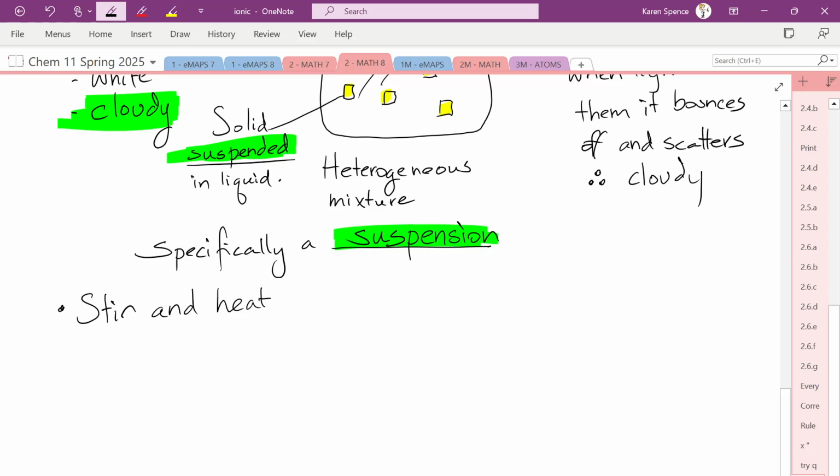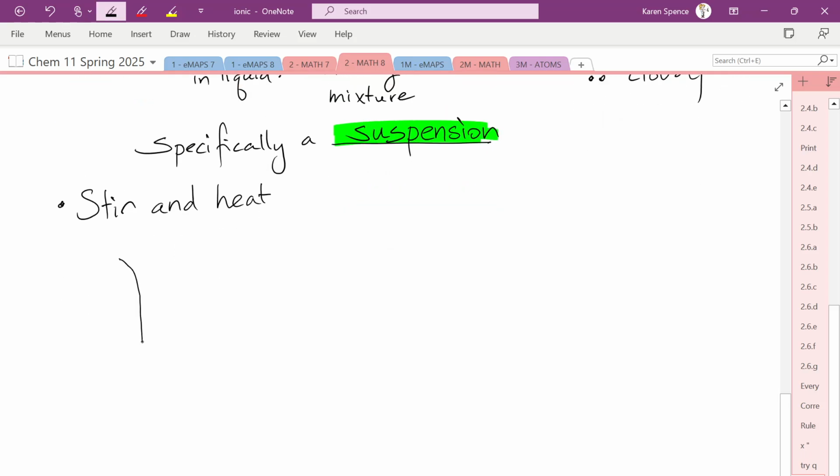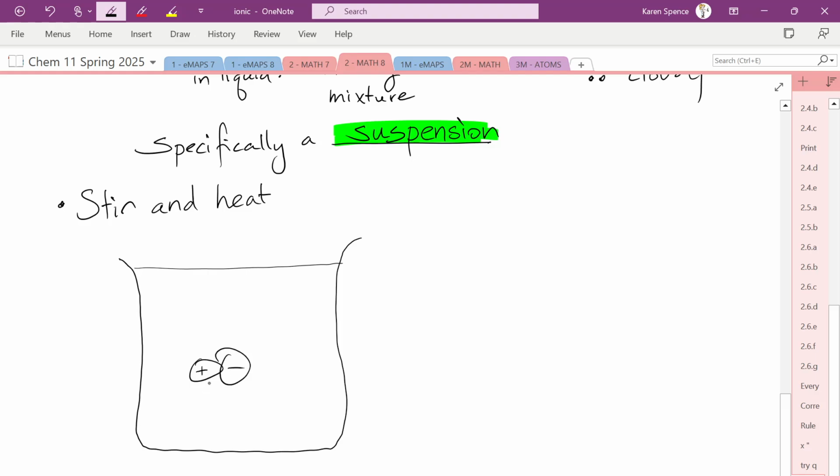Now I'm going to go back to drawing our crystal lattice again. I'm going to draw only one because it's too much trouble to draw more than one, and I'm going to draw it pretty small. What happens to our little crystal lattice as time goes on?